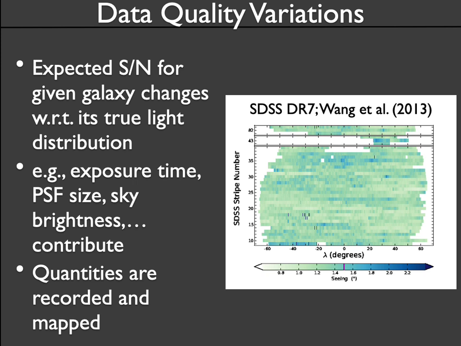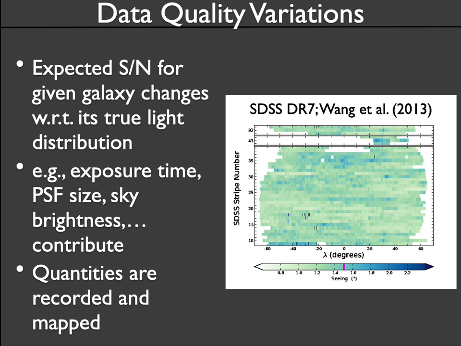So for the data quality variations, this is the kind of thing that we've been talking about already, where the depth of the photometry might be changing. But the reason that the depth can change will come from numerous aspects of the observations, and those will affect different types of galaxies differently.